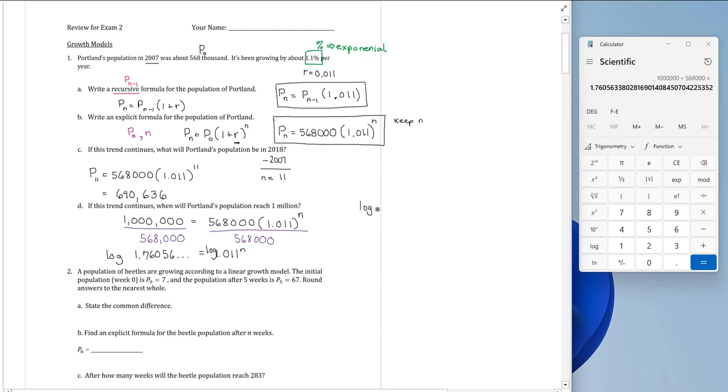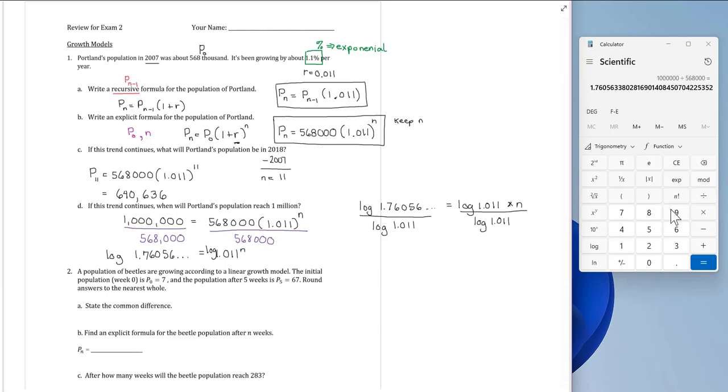So I get the log of 1.76056 and so on equals log of 1.011, but now it's multiplied by N. So to isolate N, to undo the multiply, we're going to divide. So I'm going to take the log of 1.76 divided by the log of 1.011.